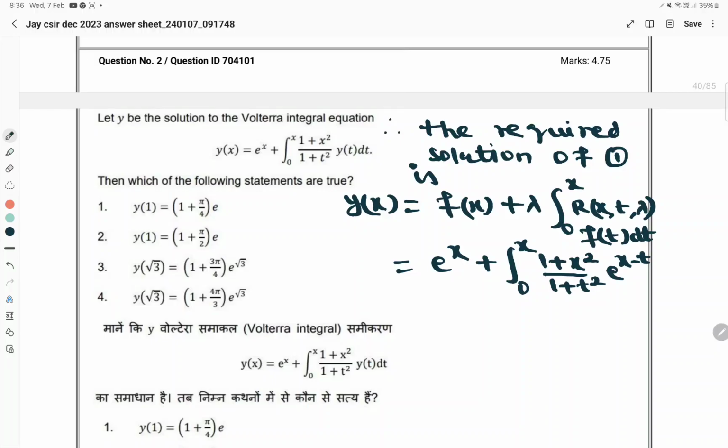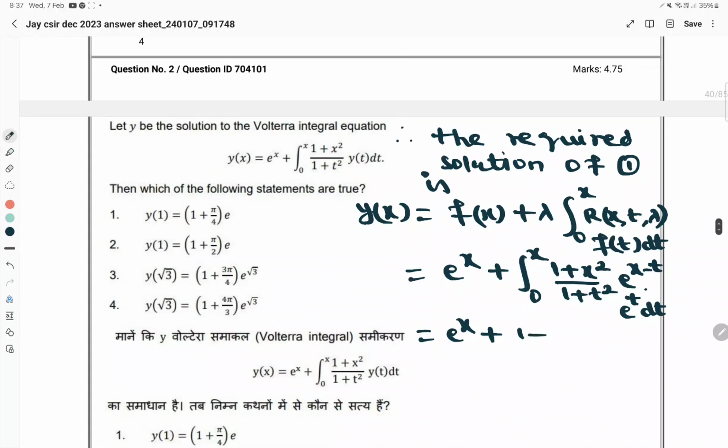f of x is e power x, f of t is e power t dt, which is equivalent to e power x plus (1 plus x square) e power x integral 0 to x of e power minus t e power t by 1 plus t square dt.